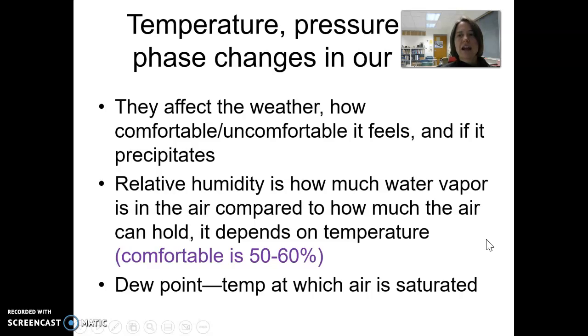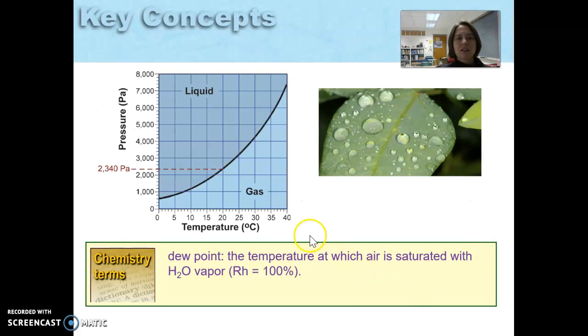And the temperature at which the air is saturated and it is holding all the water vapor it can hold is called the dew point, and it changes depending on the temperature. Okay, so taking a look at this pressure versus temperature graph, we can see if we hold the pressure constant, as we increase the temperature, it can hold more liquid. So right here, the water vapor at this pressure would be saturated, but here it would not be saturated.